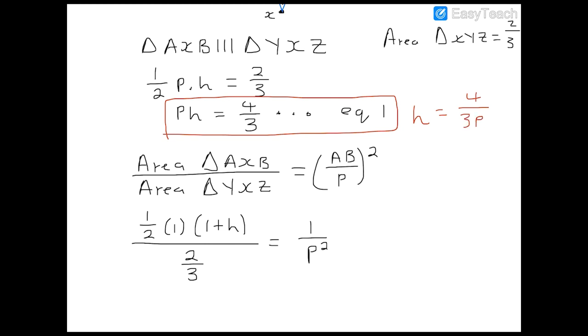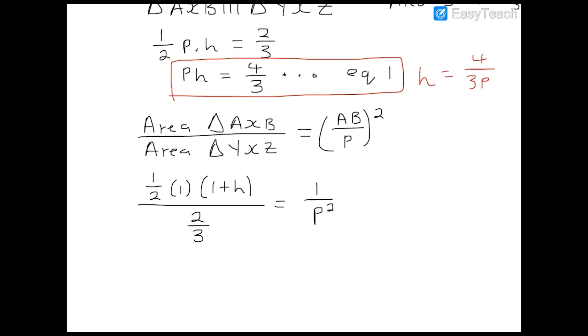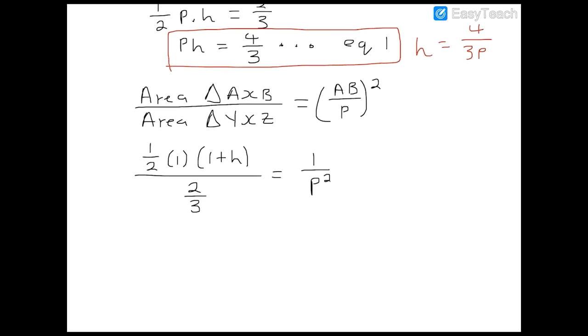So we will substitute that for h. So we get half multiplied by 1 plus 4 over 3p, multiplied by 3 over 2, is equal to 1 over p squared.